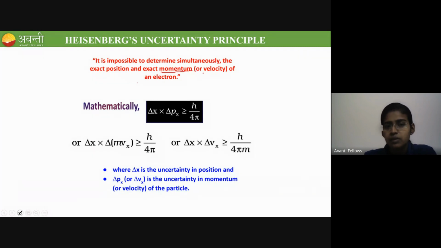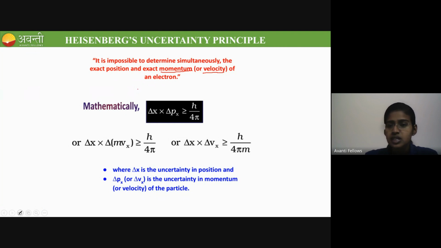Mass will be fixed, only the velocity changes, no? So if you are taking any microscopic thing like electron, it is highly impossible to measure both the position of that electron and the velocity of that electron simultaneously. So that is Heisenberg's uncertainty principle.